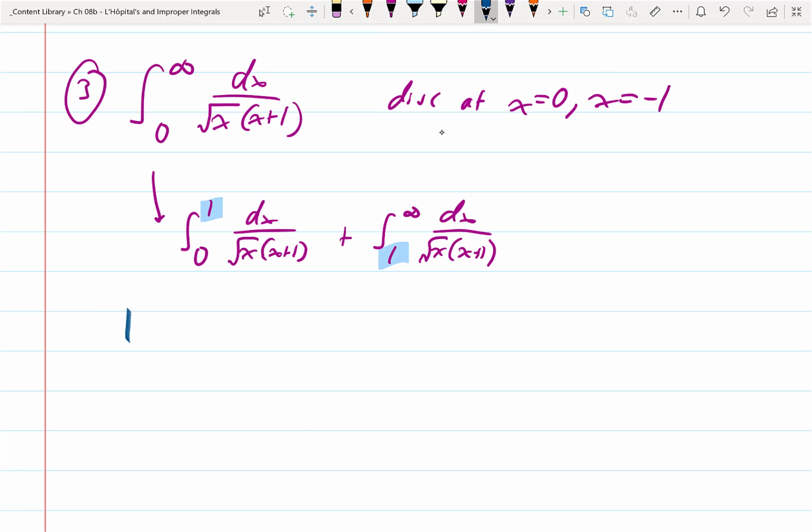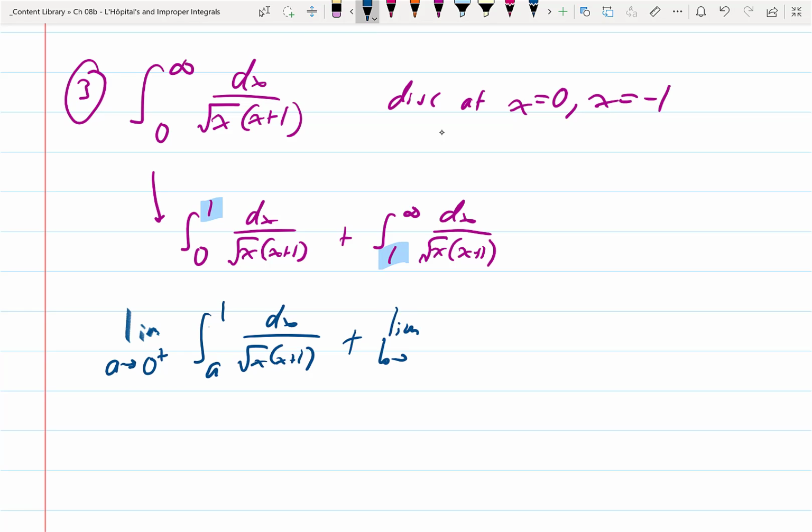And then we're going to create 2 separate limits. Limit as, okay, so we need one for this 0. So a approaches 0 from the right of the integral from a to 1 dx over root x, x plus 1, plus the limit as b approaches infinity of the integral from 1 to b dx over root x, x plus 1.